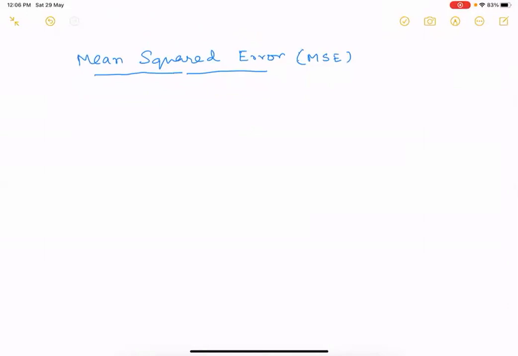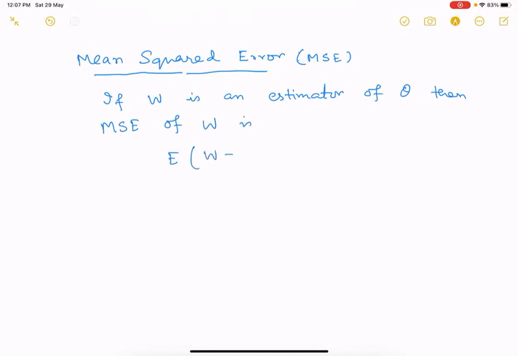If W is an estimator of parameter theta, then the mean square error of W is the expected value of W minus theta whole square, with respect to theta.